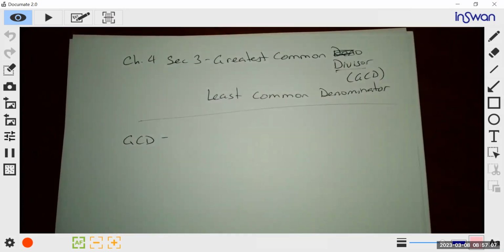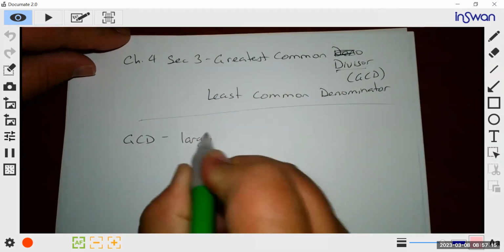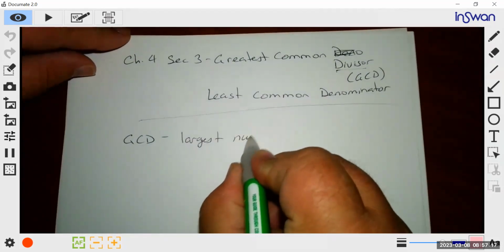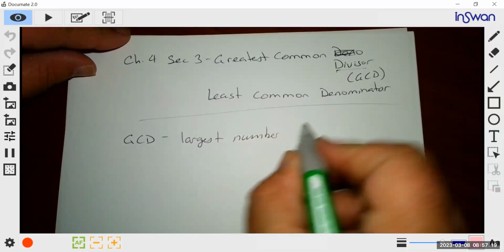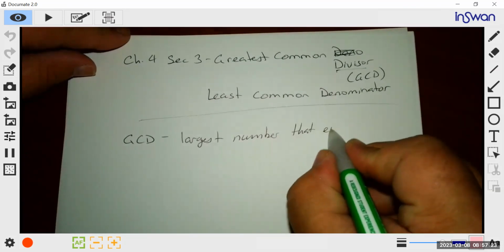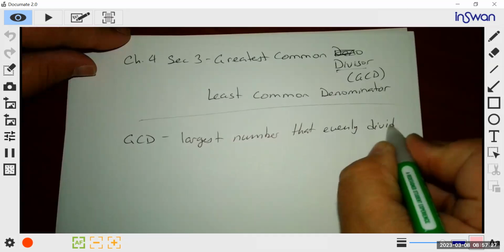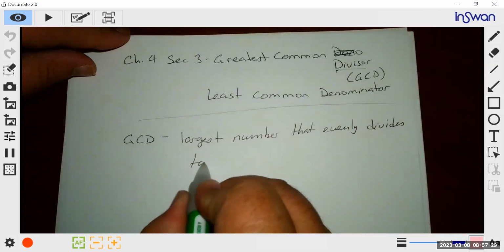Yeah, the largest number that goes into two numbers equally, or factors of two numbers. The largest number that evenly divides two numbers.